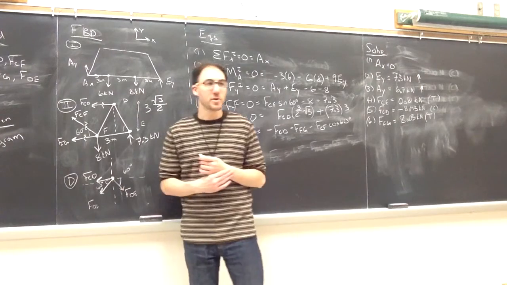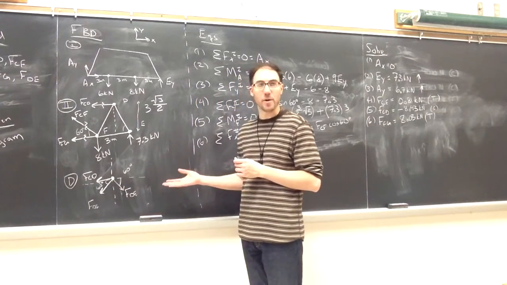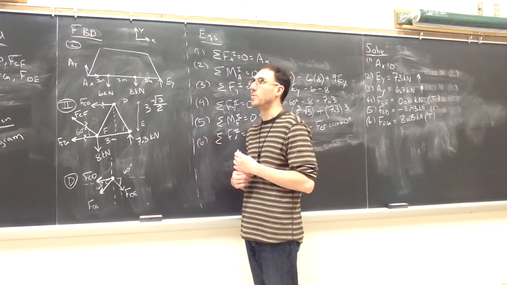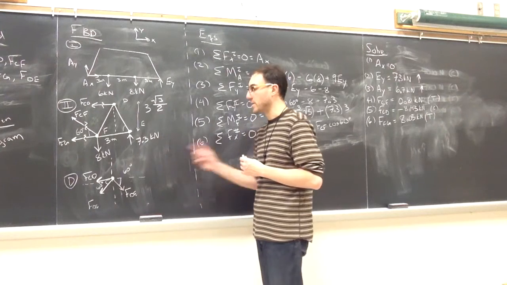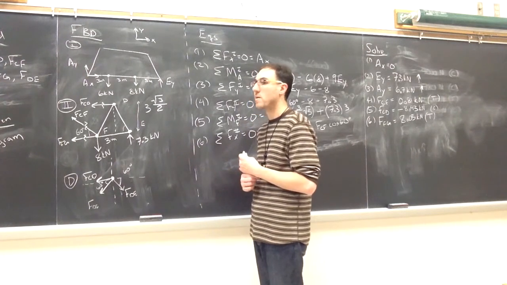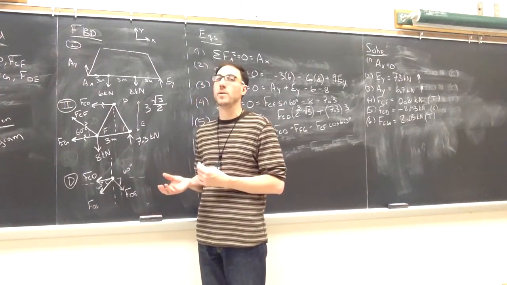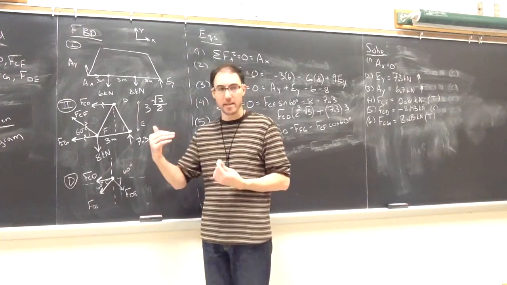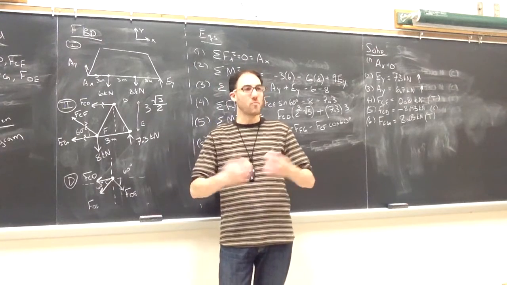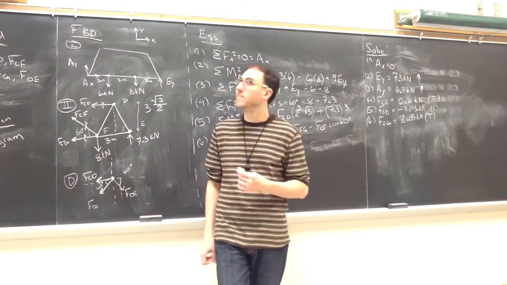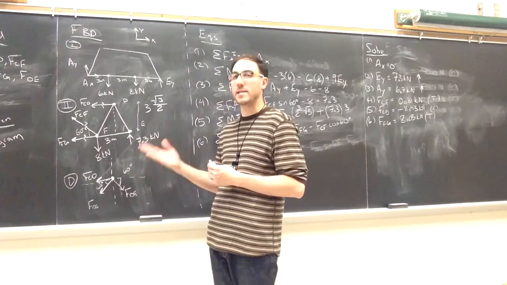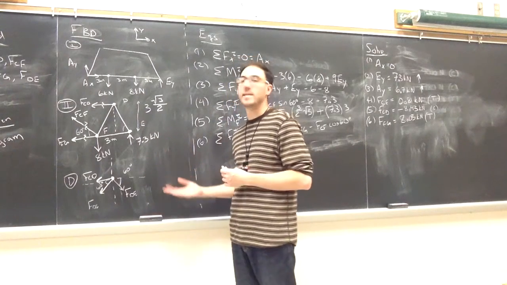I will say in retrospect, D was not a great choice that I made in my notes. E would have been easier, as we'll see from the equations that we derive from here. But we're trying to be as efficient as we can, and we don't want to spend a ton of time making the decision of what to cut and then run out of time to actually do the solution. Once you have enough practice, you'll get to see some of the better ideas than others.